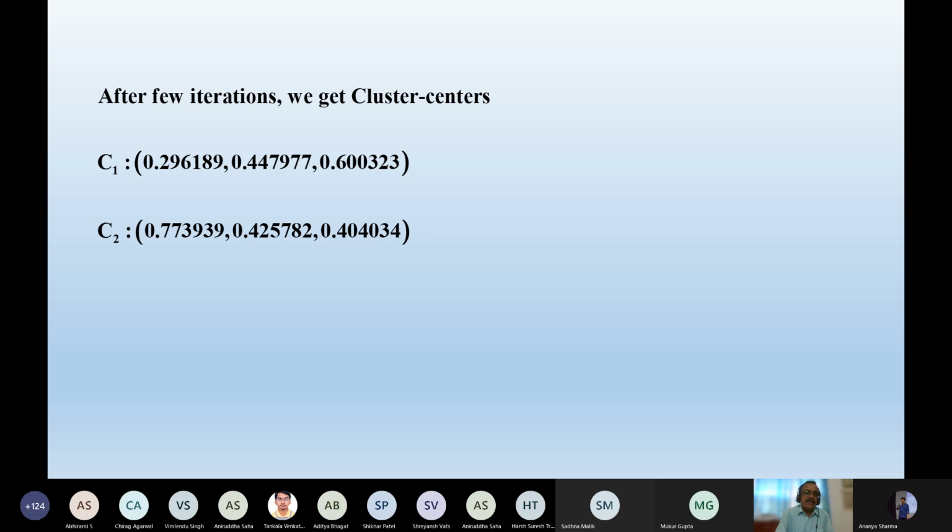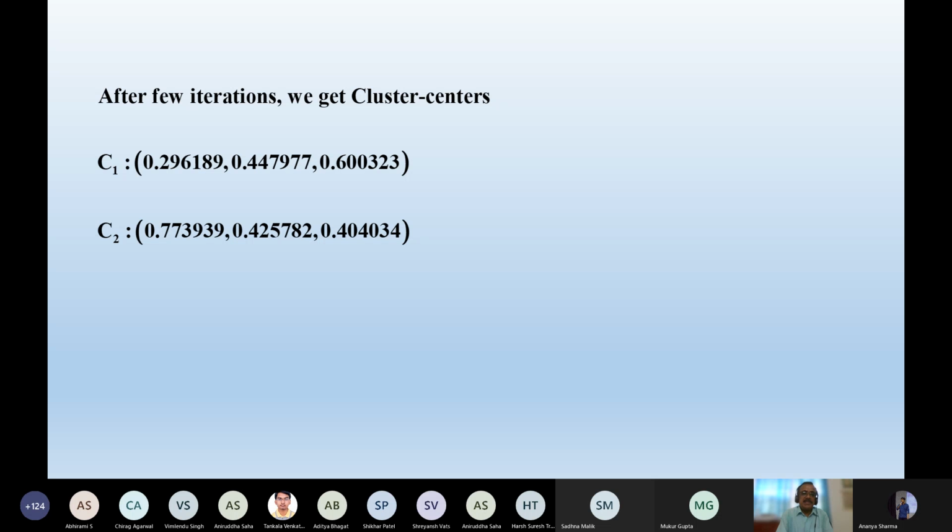Supposing that after a few iterations, we get the cluster center C1 equal to 0.296189, 0.447977, 0.600323. This is the dimension which we got for the first cluster center.